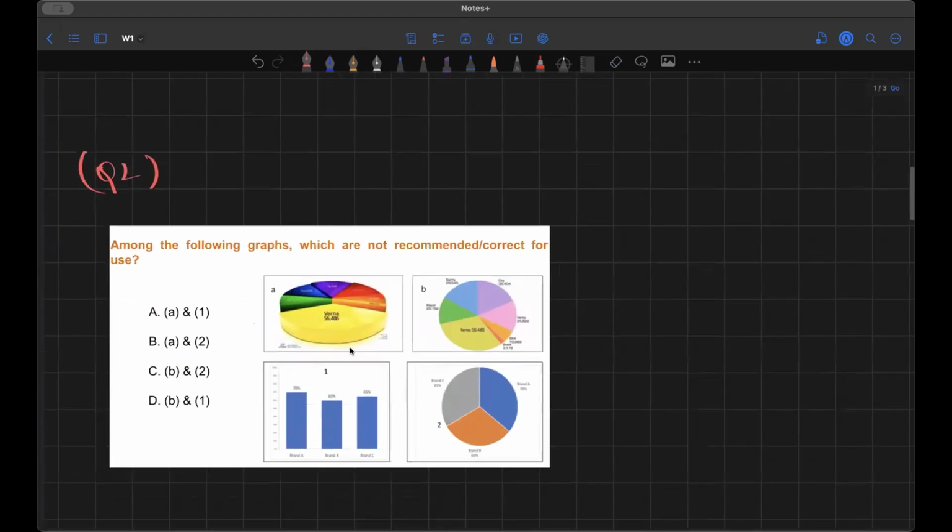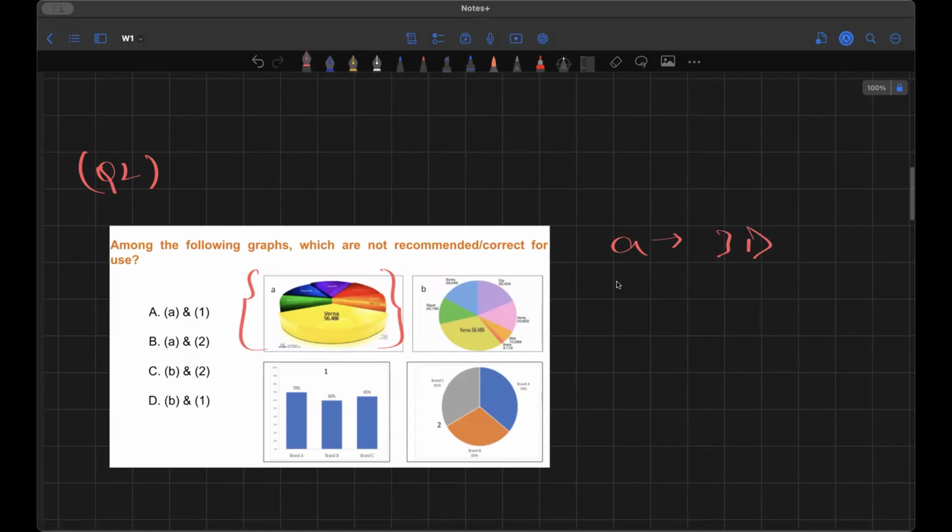This is from some past year question paper. Now they're asking which of the following graphs are not recommended or correct for use. If you recall some definitions and the points which sir has said to check, maybe you can see this graph is definitely not something suitable to use. Why? Because this graph is in the 3D variation.